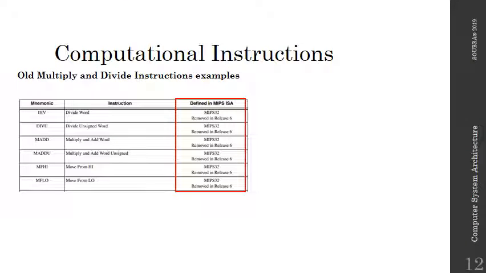Alright. A bunch of things were removed here, and apparently multiply and divide, they're all removed. And if we analyze a little bit closer here, maybe I'm interested in there. You can notice that most of those dealt with the high and low. I mean, all of them. They dealt with the high and low special purpose registers that do not exist anymore.